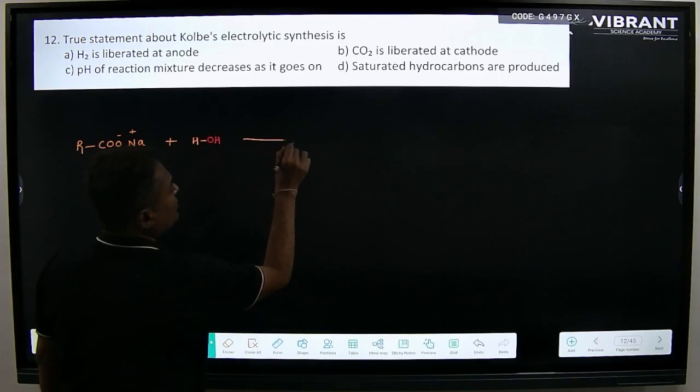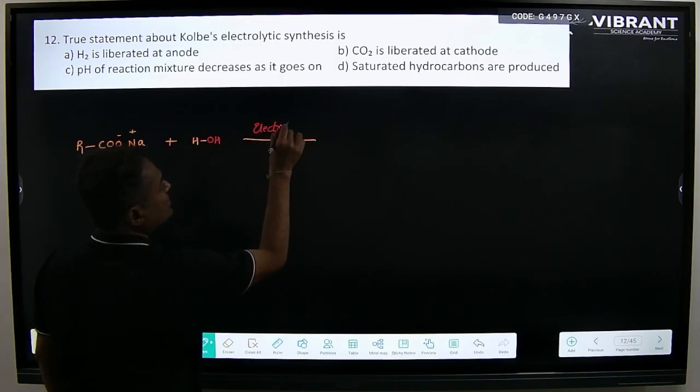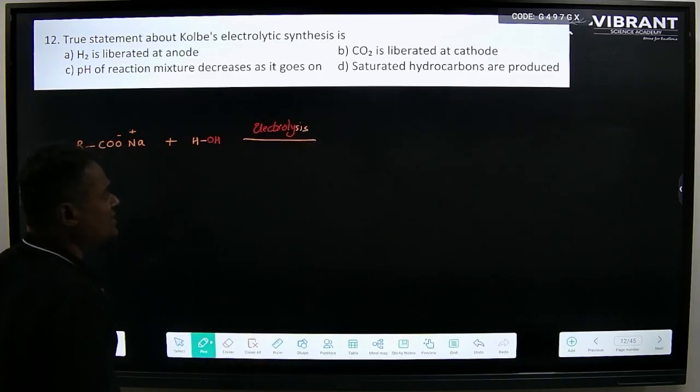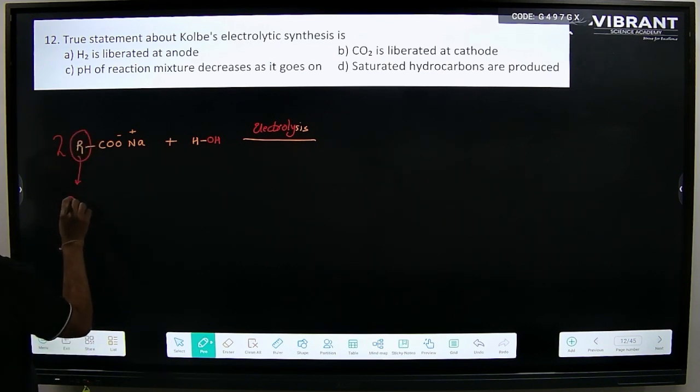Now, whenever you are carrying out electrolysis, what happens? The first logic is that you have to take 2 moles of the compound and both the alkyl groups will get coupled, or double up.